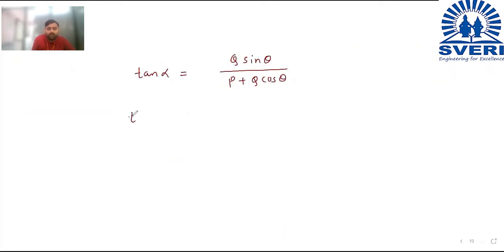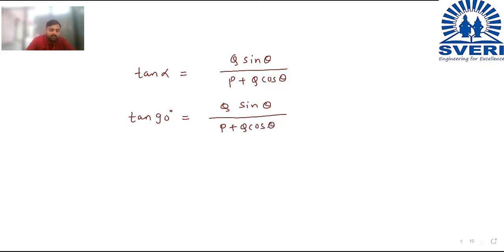If I put the value here, then tan of 90 degrees is equal to Q sin theta divided by P plus Q cos theta. So tan 90, how much? What is the answer for tan 90?